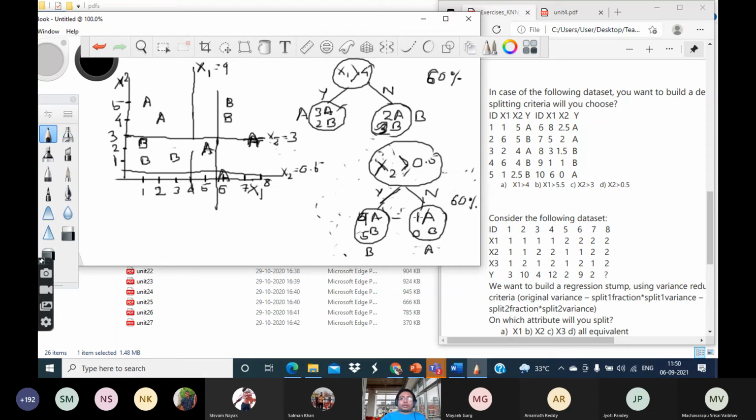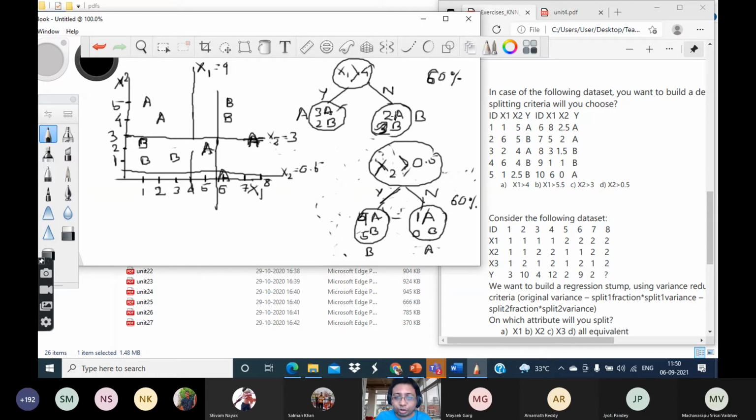So between the first and the last, which will I prefer? The first one, because in the last one the sample size is very small, there's only one A and zero B in x2 greater than 0.5. Exactly, this is something we discussed earlier during the lecture.